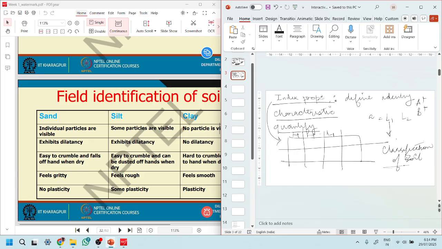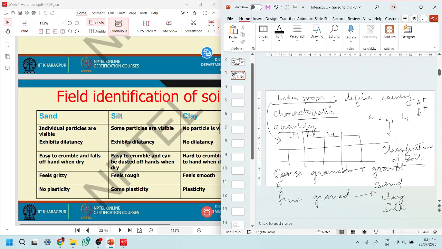So why do we classify soil? Usually, we classify soils as coarse grained, which can be gravel or sand, and fine grained, which are clay and silt.